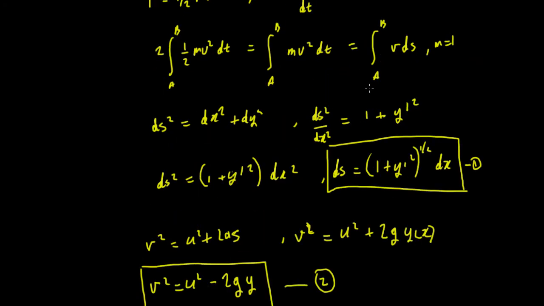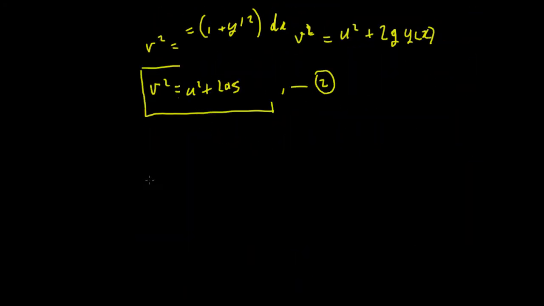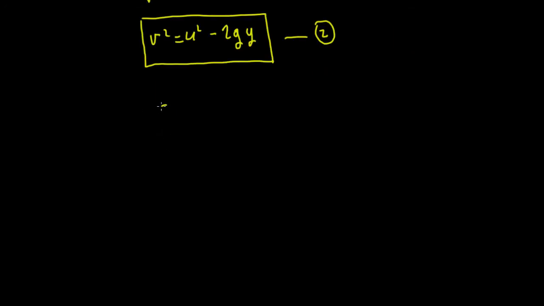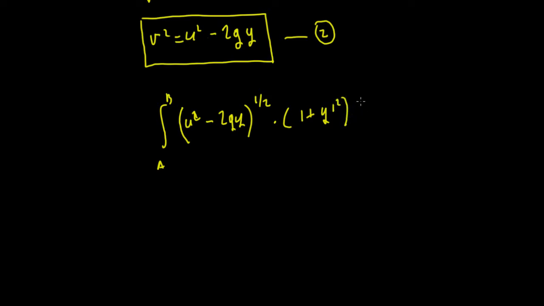Now we're going to put these in for our VDS, so you're just going to have the integral from a to b over u squared minus 2gy, all to the power of a half, times 1 plus y derivative squared to the power of a half times ds.